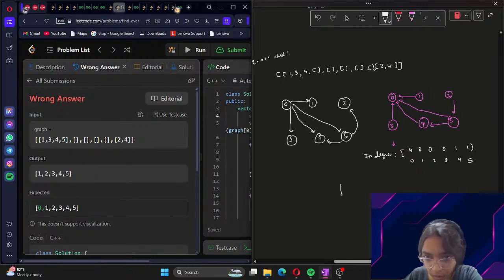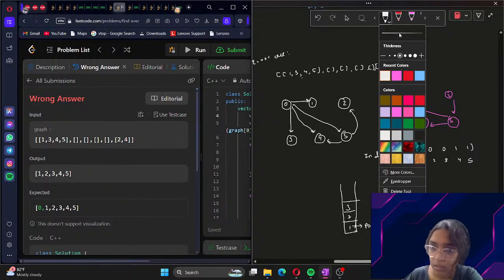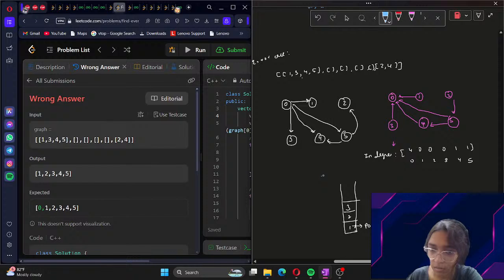Okay, so if we take a topo sort, first we're going to insert 1, then 2, then 3. Popping out 3 decreases the in-degree of 0 to 3.